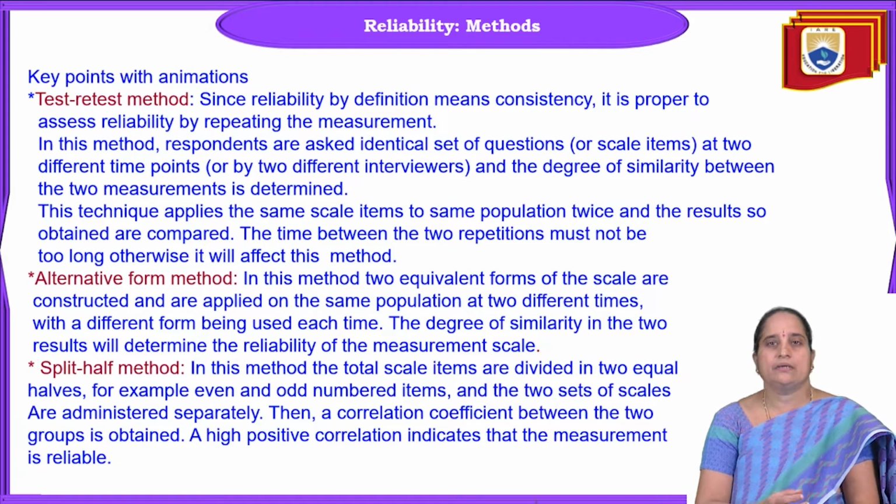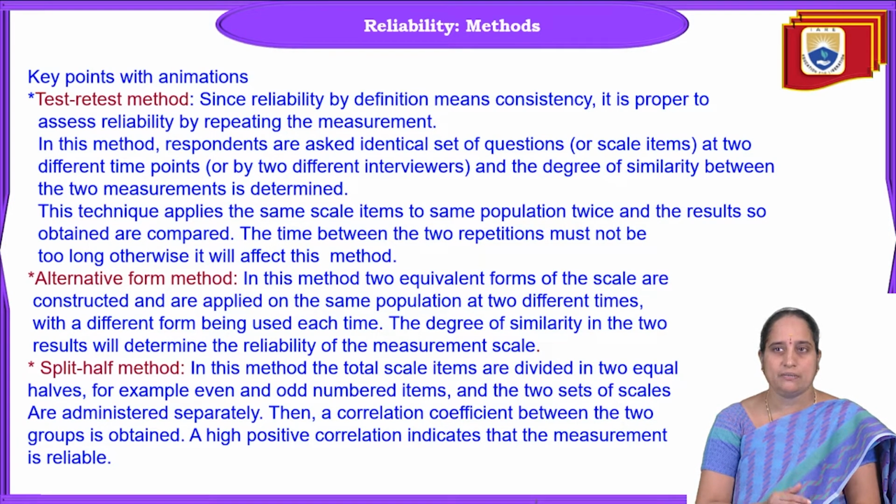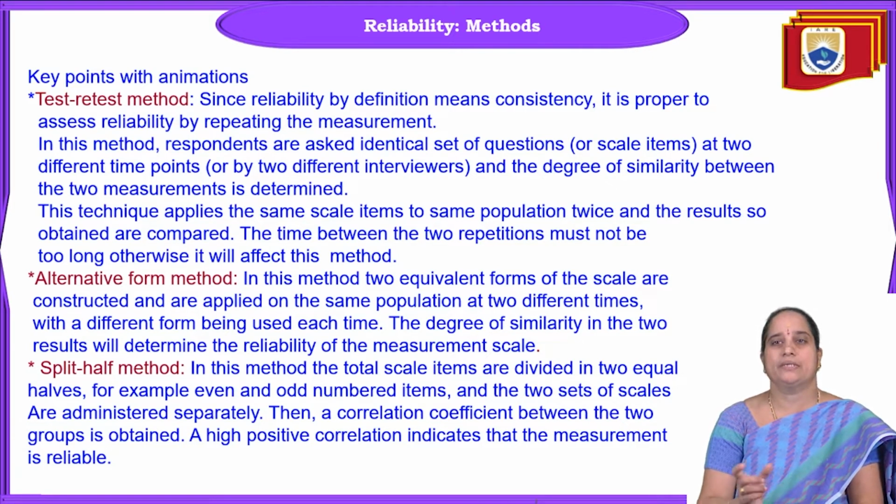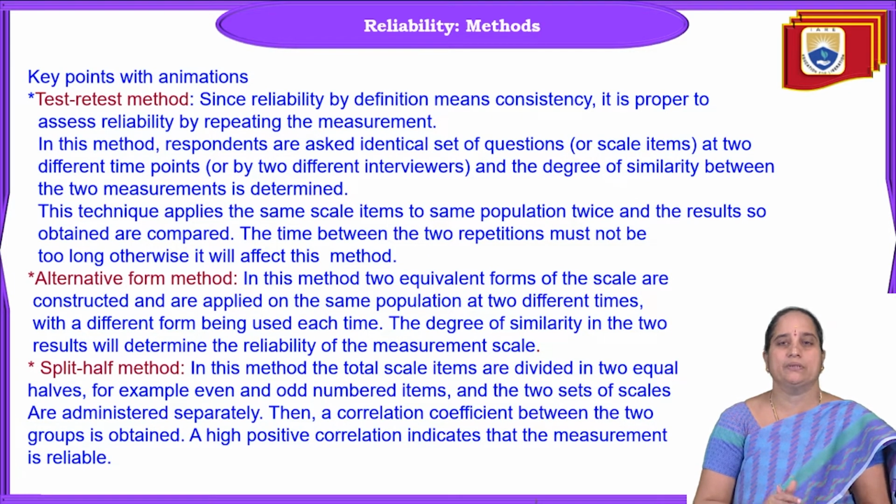This technique applies the same scale items to the same population twice, and the results so obtained are compared. The time between 2 repetitions must not be too long, otherwise it will affect this method.